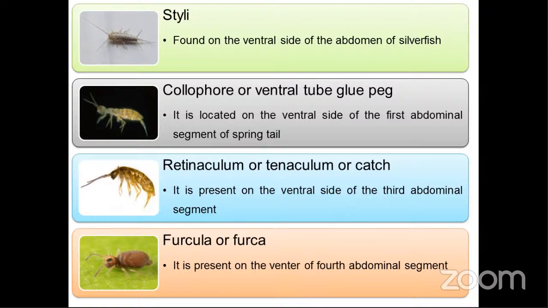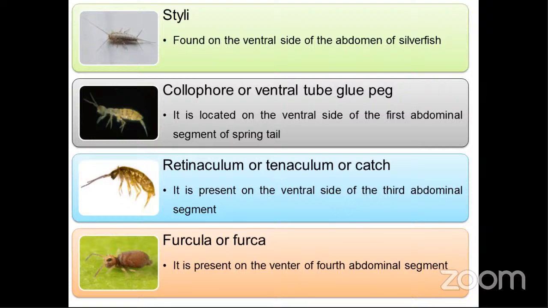Next, Collembola, an apterygote, wingless insect. They have the collophore, retinaculum and furcula. The collophore we can also call the ventral tube. The retinaculum we can also call the tenaculum or catch.